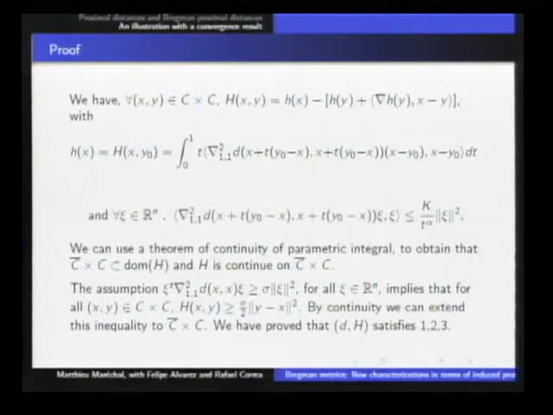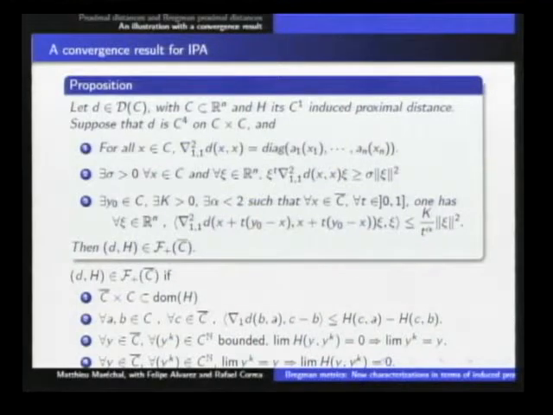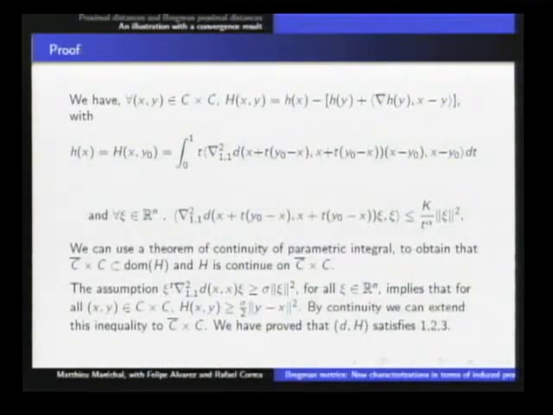The continuity and the assumption on the domain show us that the first two properties are satisfied, because before it was satisfied for capital C. Now, thanks to the continuity, the inequality is true on C bar, capital C bar.